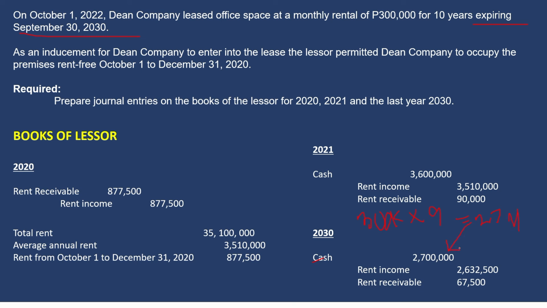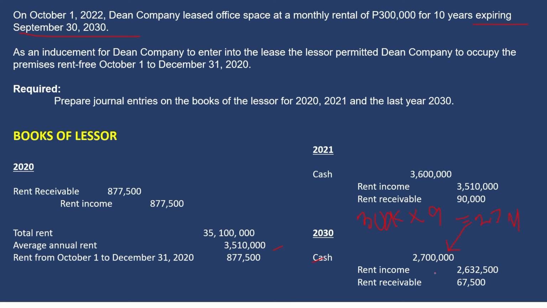Okay? So, debit cash, 2,700,000, and then credit rent income nga pila man? 2,632,500 because katong annual nga 3,510,000 times 9/12. Okay, 9 months man.